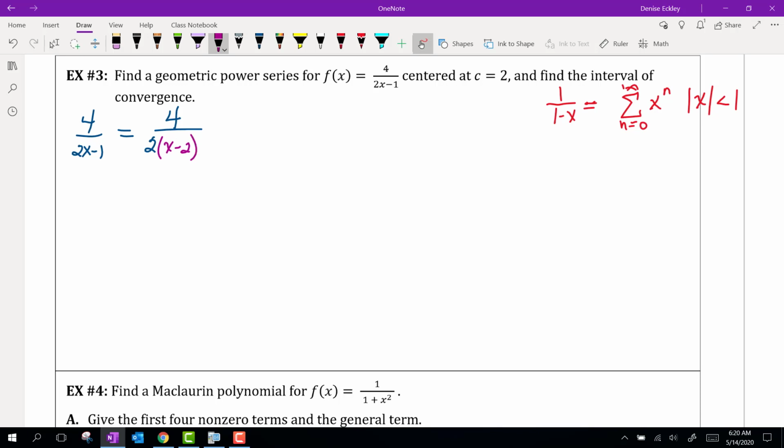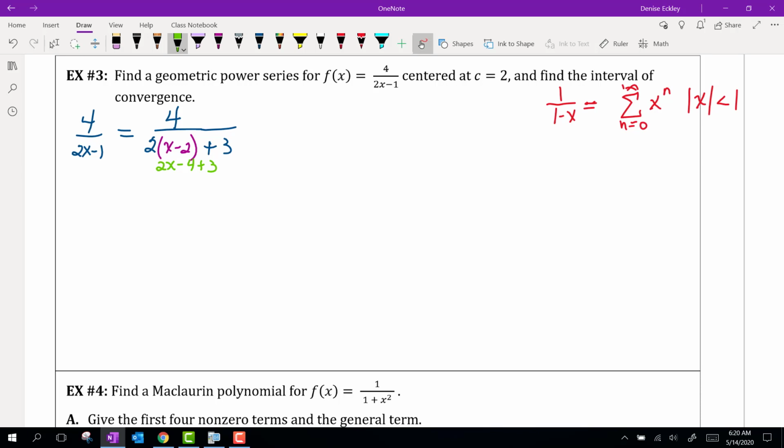And if we do that, we want to make sure that it still equals 2x minus 1. So we have to add a 3 here. If you multiply the bottom out, you'll see that we have 2x minus 4 plus 3, which is going to give us our 2x minus 1. So we just have to show that it's centered at x minus 2.